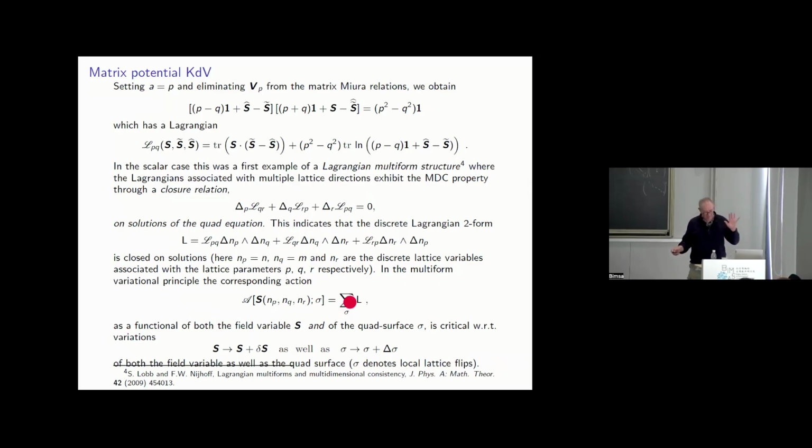So this is a quadrilateral discrete surface over which you integrate this discrete form. And this becomes then a functional with respect to not only the field variables, but also the surface. And then the criticality is a condition not only on the variations of the field variables, but also on what you could call discrete infinitesimal deformations of the surface.